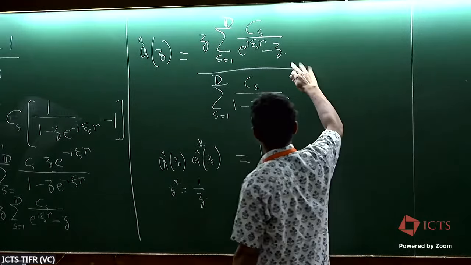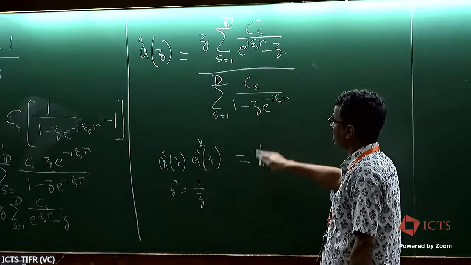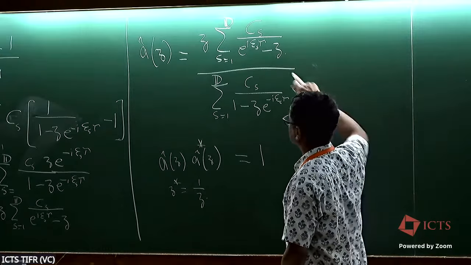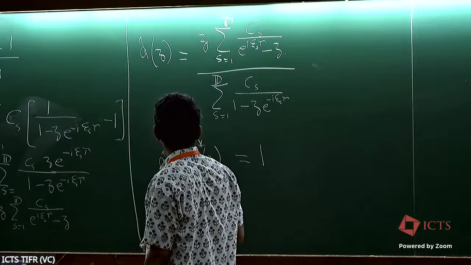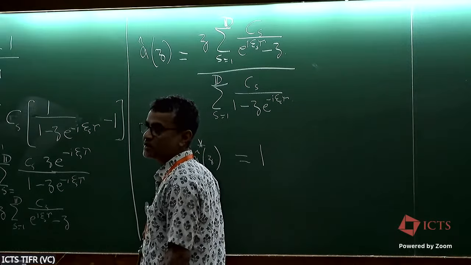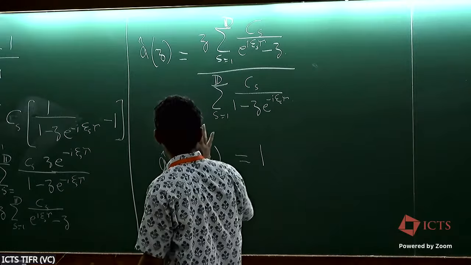If you just write this into star of this, you can easily see that this will actually cancel. So this is the proof that this is always 1.